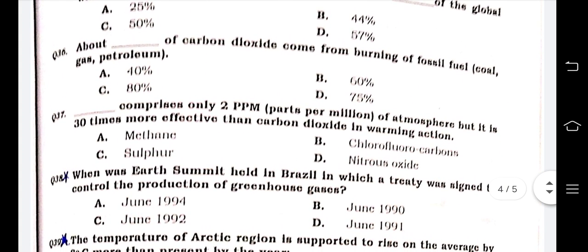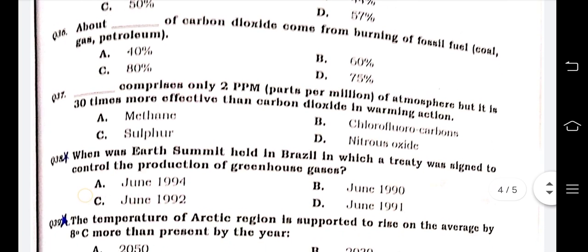About dash percent of carbon dioxide comes from burning of the fossil fuel, coal, gas, petroleum. Option A 40%, option B 60%, option C 80%, option D 75%. So, true option is option C. About 80% carbon dioxide comes from burning of fossil fuels.